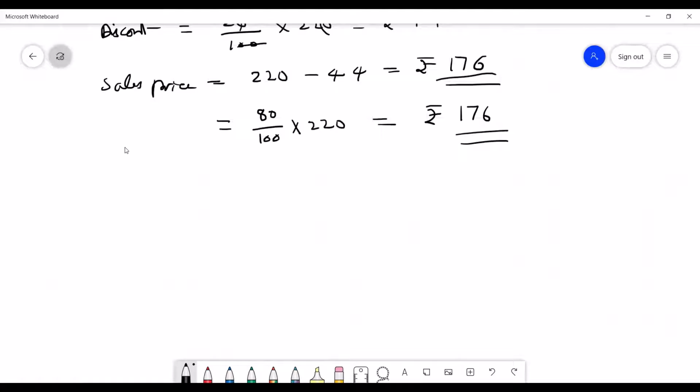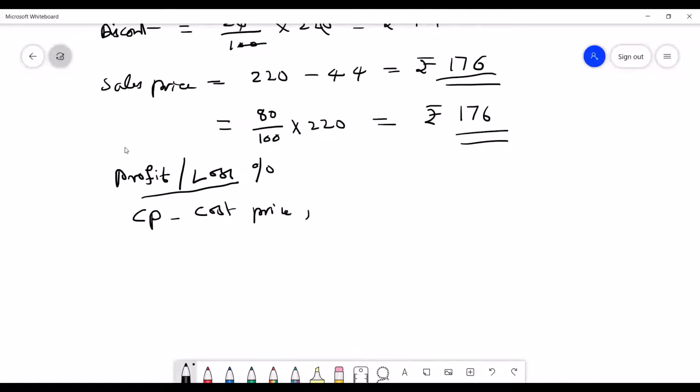Now let us come to the next topic. Next topic is profit percentage or loss percentage. Profit, otherwise loss percentage. Let us consider CP means cost price.